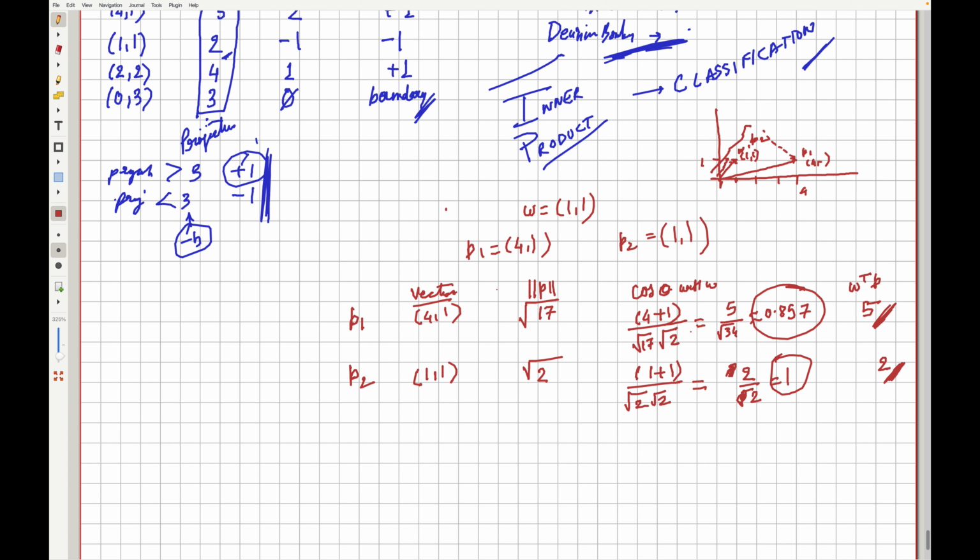So after we normalize, that is divide by the magnitudes of these vectors, we can clearly see that P2 has a larger value of 1 as compared to 0.85 for P1. And so this vector P2 is much more similar to the vector W. It's almost perfectly similar, 1, because P2 is superimposed on that vector W, since they have the same coordinates 1, 1 and 1, 1.